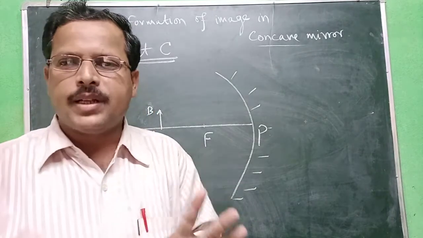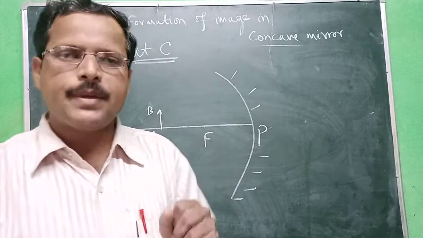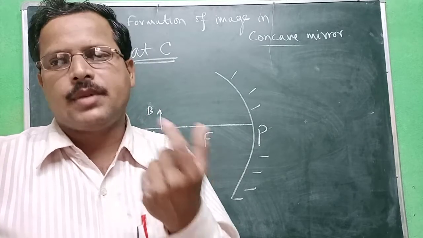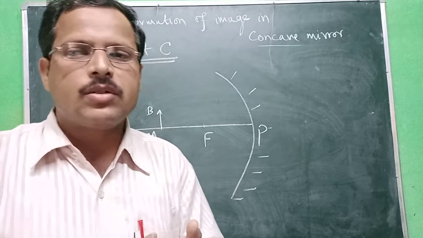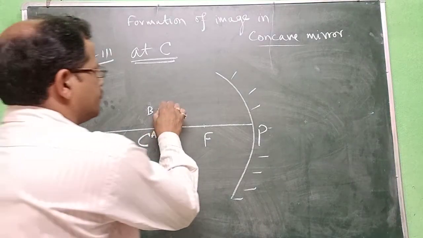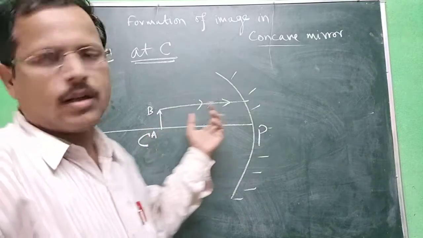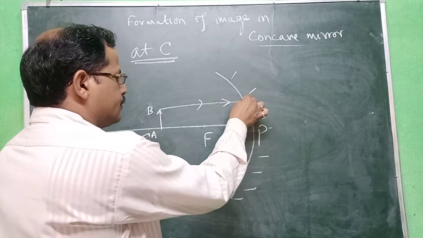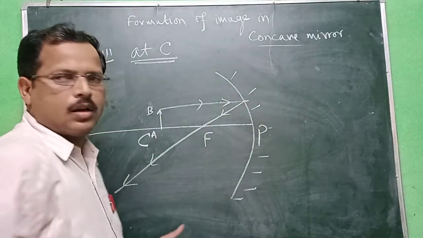When the object is placed on the center of curvature, we need two rays to make the image. Where any two reflected rays meet or intersect each other, there the image is produced. First take one incident ray coming parallel with the principal axis, and it will go back through the principal focus.